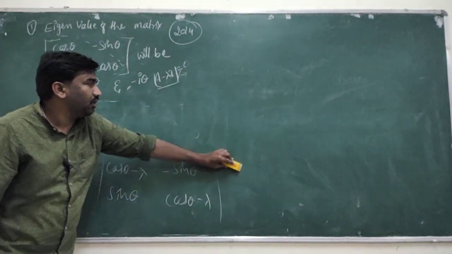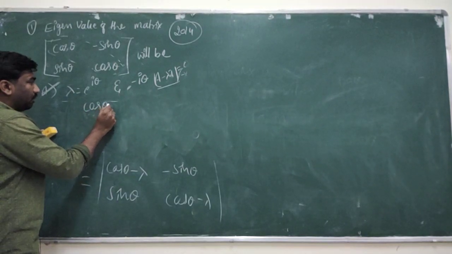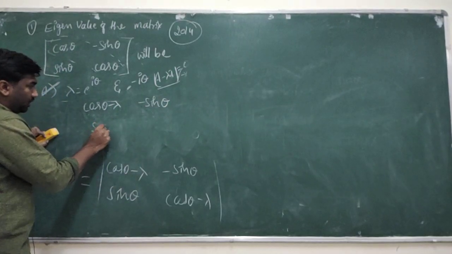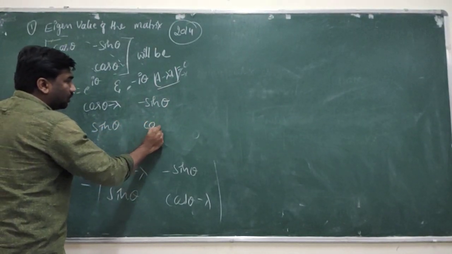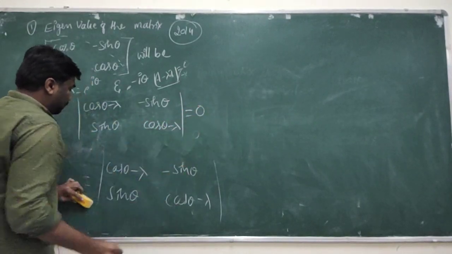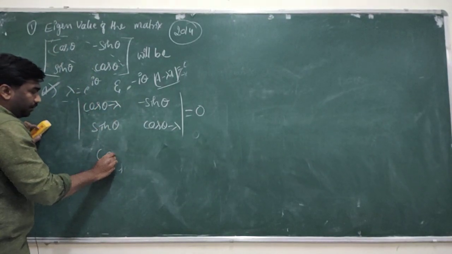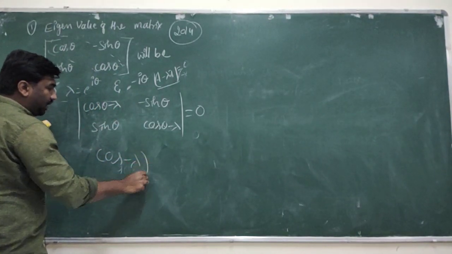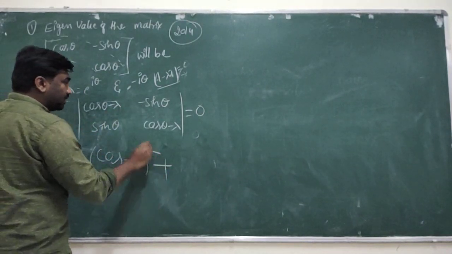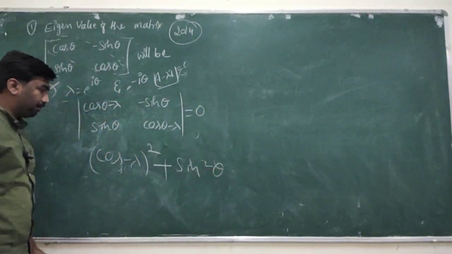So therefore we can write this as the determinant of cos theta minus lambda, minus sin theta, sin theta, cos theta minus lambda, equal to 0. If we solve this, we will get cos theta minus lambda whole square, minus into minus plus sin theta into sin theta, sin square theta.